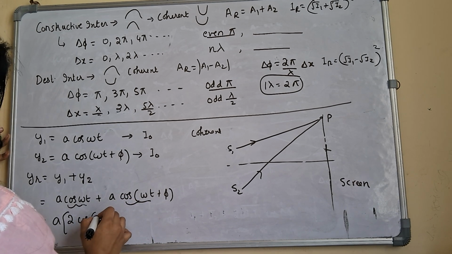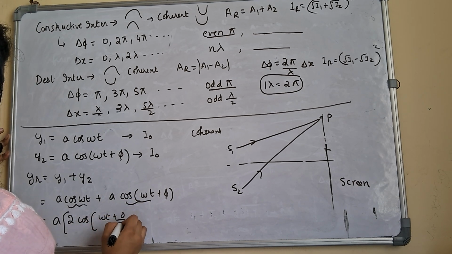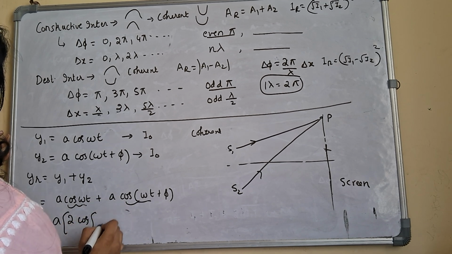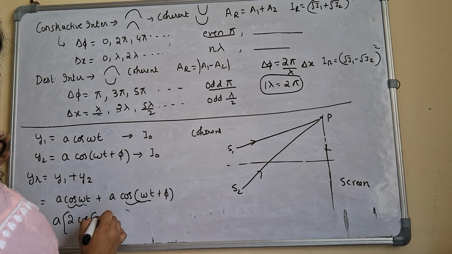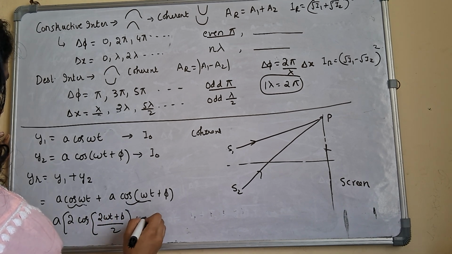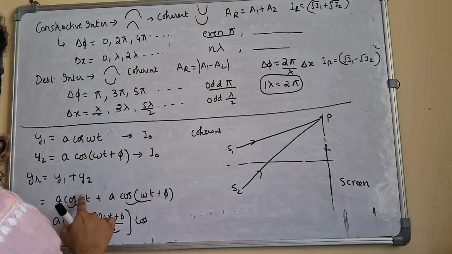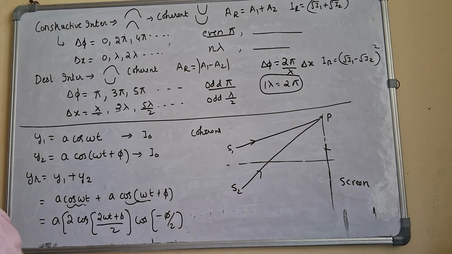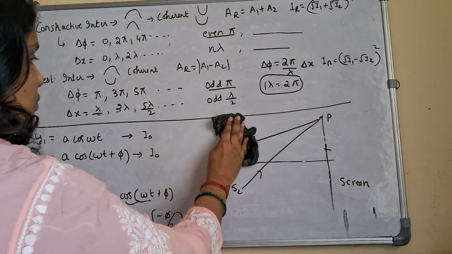Correct? So I can write it as omega t plus phi by 2, or let me write it the way you understand. 2 cos of (C plus D) by 2, so 2 omega t plus phi by 2, and cos of (C minus D) by 2. C minus D means it will be minus phi by 2, so omega t and omega t cancel. Correct? So this is what you have.